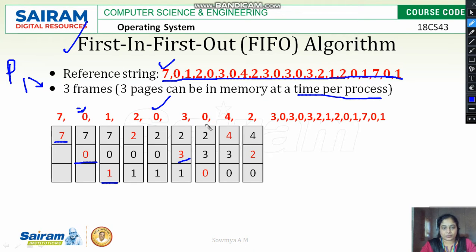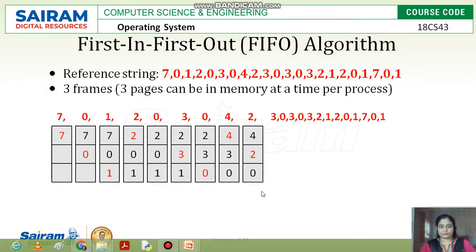Next, since 0 was already replaced and is not in the frames, the frame should be replaced with the next entered frame. According to the sequence, the next entered frame is 1, so 1 is replaced with 0, then 4 is replaced with 2, then 2 is replaced with 3, because 0 came late. So this is how the first in first out algorithm works.